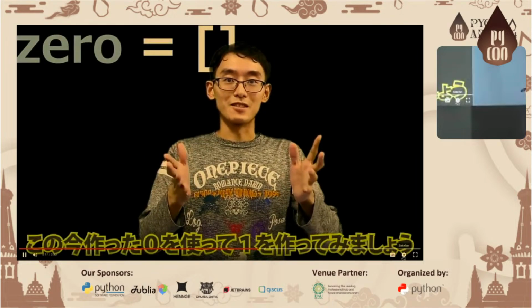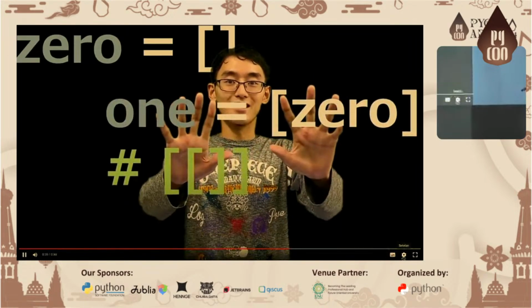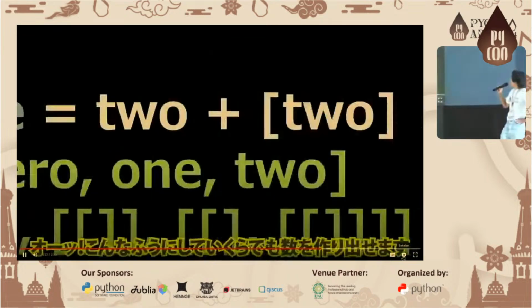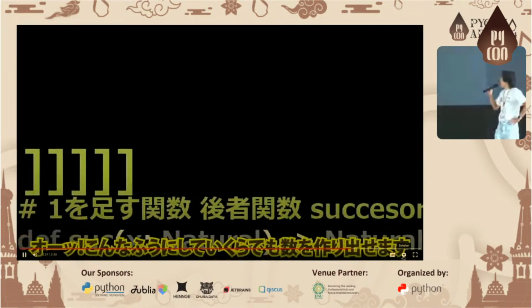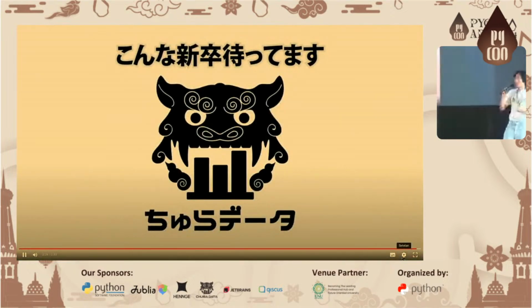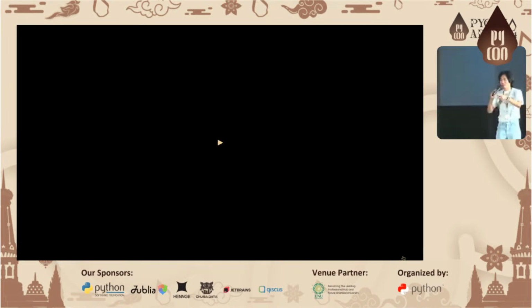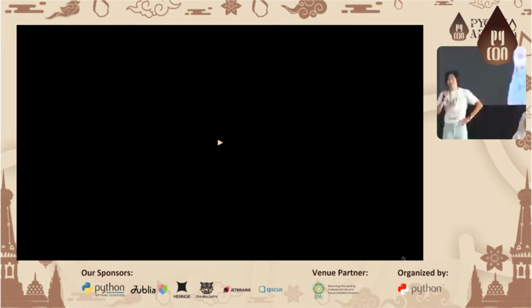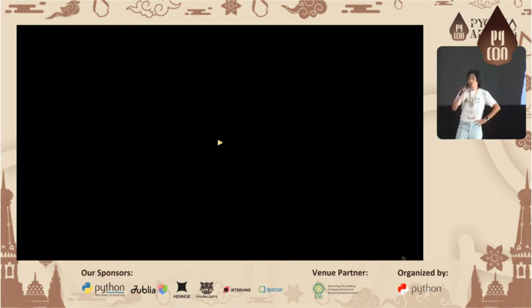He made zero, so he will make the 1 by 0. So this is making a batch of the empty array into numbers. Then he said, this is your turn. So this is a video for the new graduates. Okay, so that is the actual advertisement for the new graduates for next week.